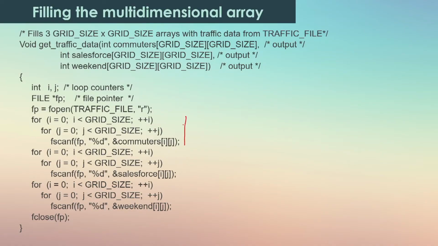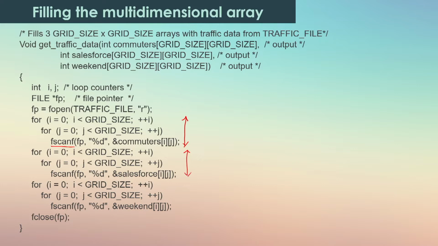For example, the first looping structure is able to get the values stored in the file as a matrix using the fscanf function, and the second matrix is going to be the Salesforce matrix, which is again read from the file.